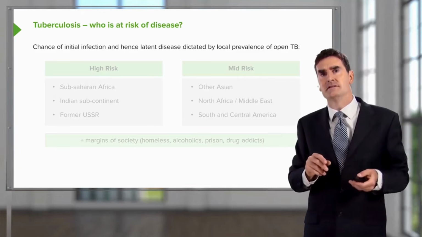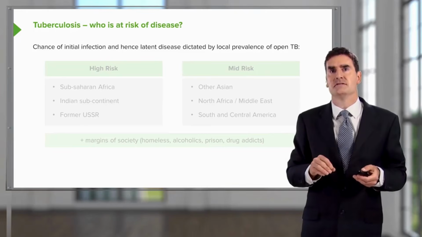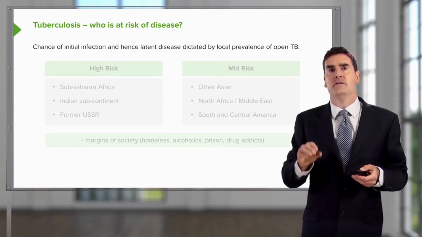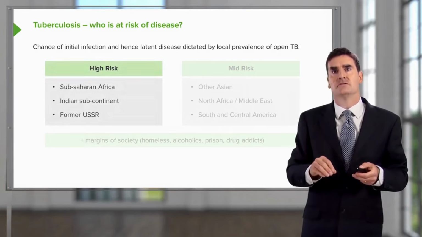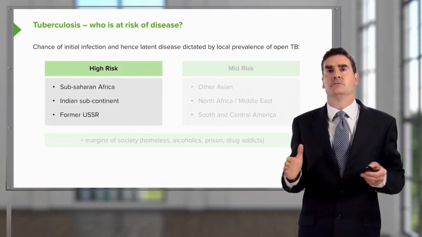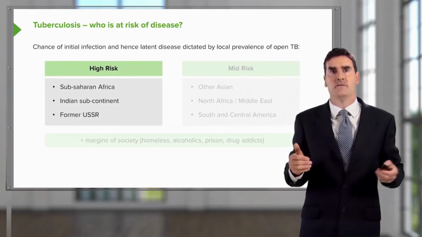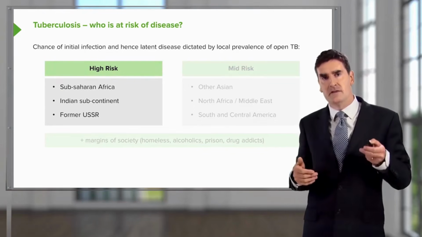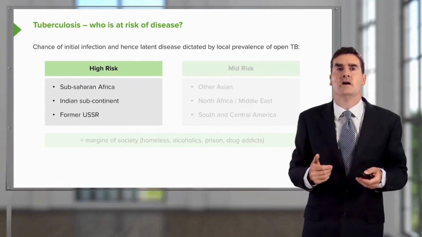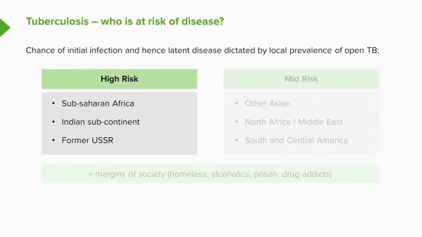And that is dictated by the prevalence of tuberculosis where you live. Therefore, people who are brought up in countries with a high prevalence of open tuberculosis, and that's sub-Saharan Africa, the Indian subcontinent, and parts of the former USSR, are much more likely to have latent tuberculosis, and therefore develop reactivation disease as you get older.